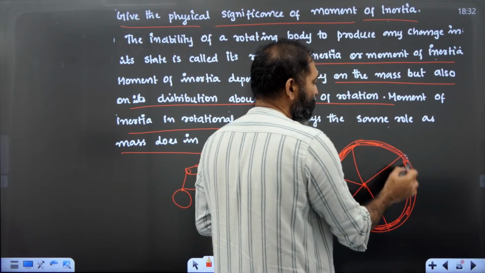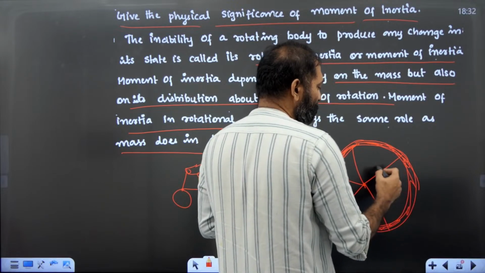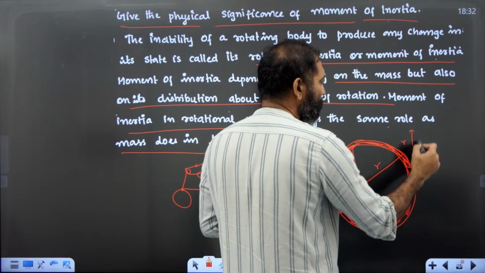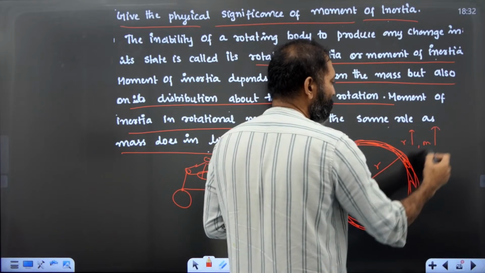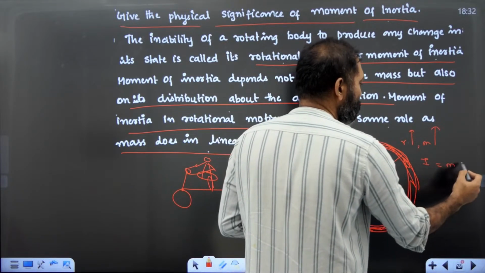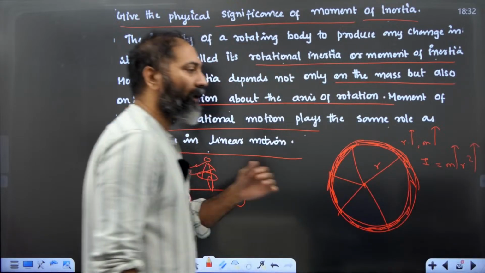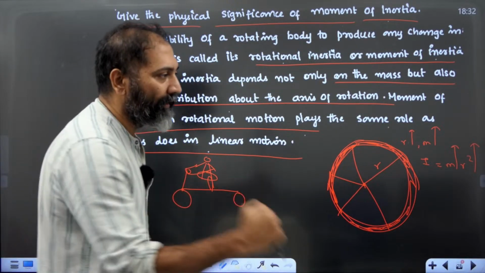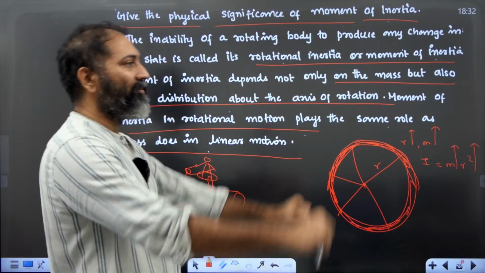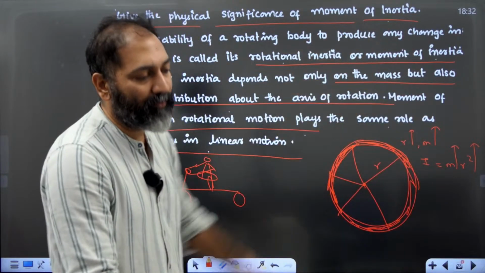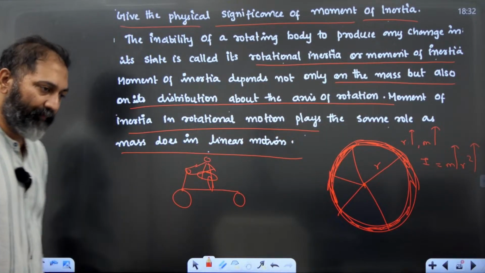Why is it distributed like this? Because the R value is greater. When R is increased and mass is increased, moment of inertia increases, I equals mr square. So after pedaling 2-3 times, you can simply sit on the cycle and it will move by itself because of moment of inertia.